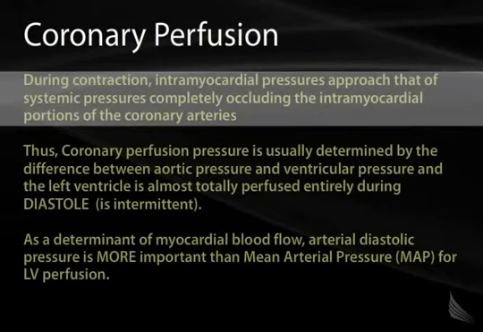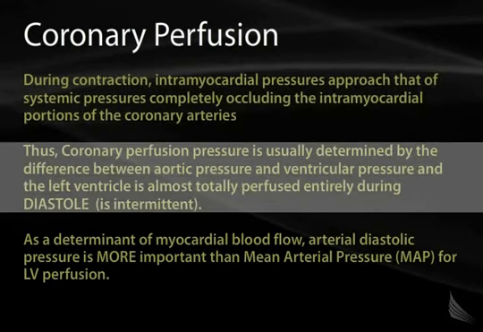It's important to remember that during left ventricular systole, or contraction, the pressure inside the muscle of the heart approaches that of the aortic blood pressure. This causes an occlusion of the parts of the coronary arteries that are inside the muscle, the intramyocardial portions.